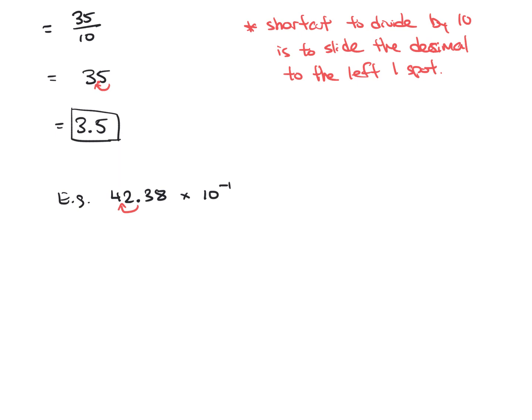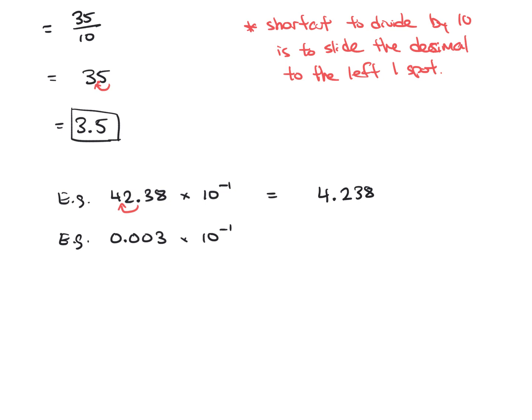It will become 4.238. Another example, you can have a number starting like 0.003 times 10 to the negative 1.